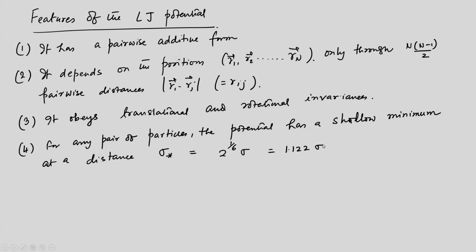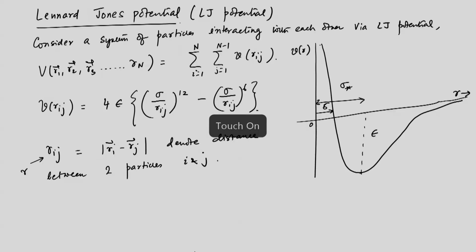So, this is the equilibrium distance. And this has a value which is 1.122 times sigma. I have of course over exaggerated it, but this is not too far away from sigma, and it is a very shallow potential, which I have shown with a lot of depth to show these distances and all that.